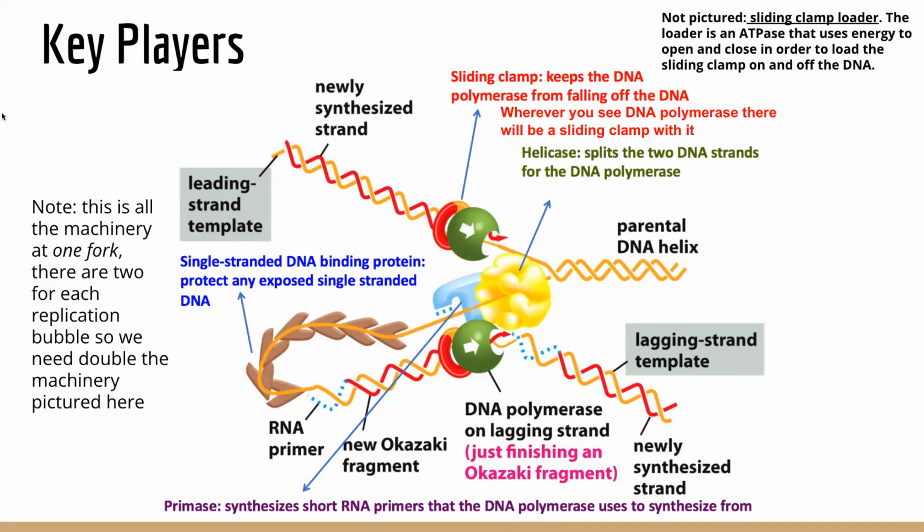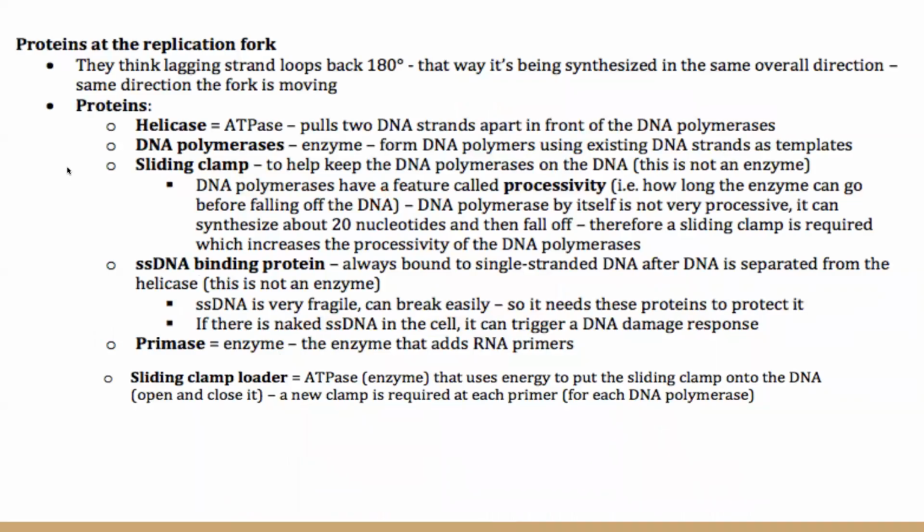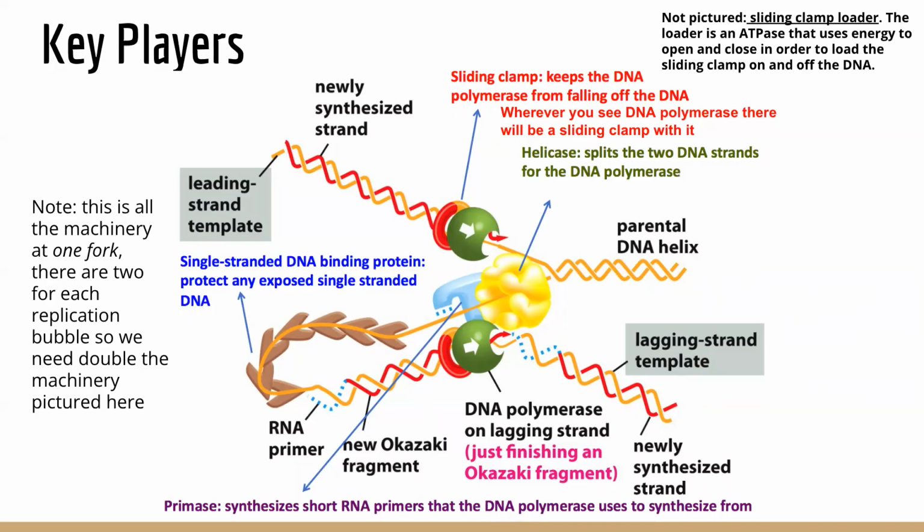This is just a zoomed-in view of all the machinery. And then here's a summary of what I was just saying. Single-stranded DNA is fragile. Any questions about this stuff?